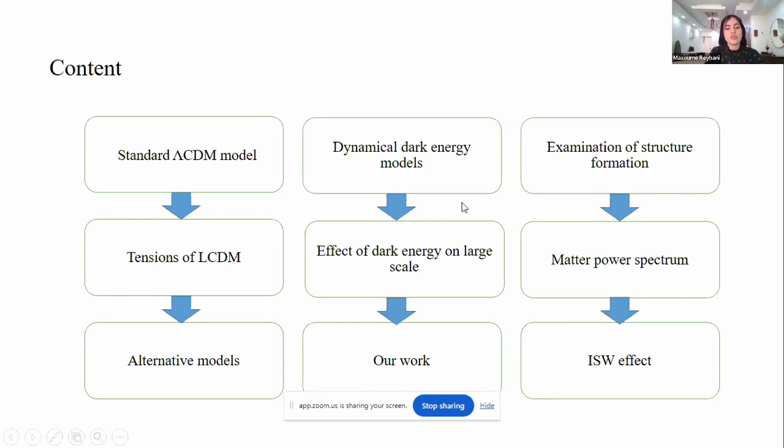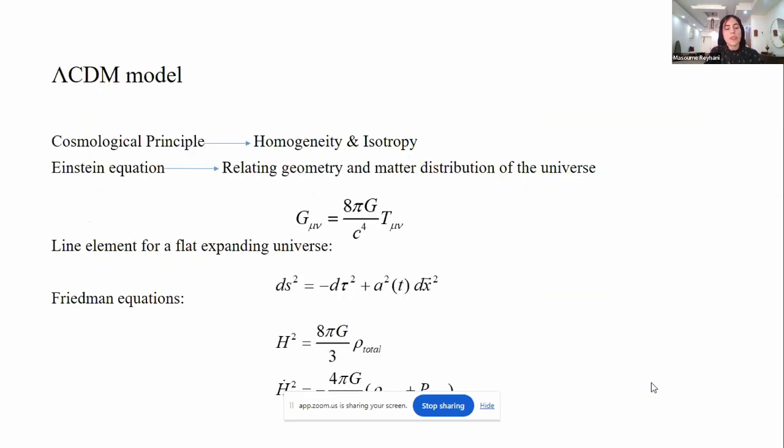It motivated us to study the effect of dark energy on structure formation via the matter power spectrum and the ISW effect. As we know, the ISW effect becomes more important on larger scales, so we can see the nature of dark energy and its effect on ISW very well, so we studied it.